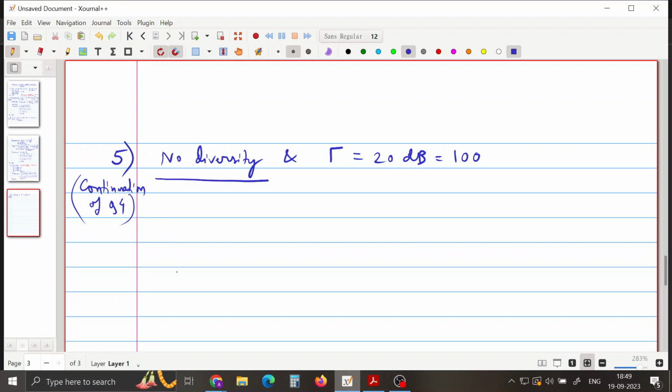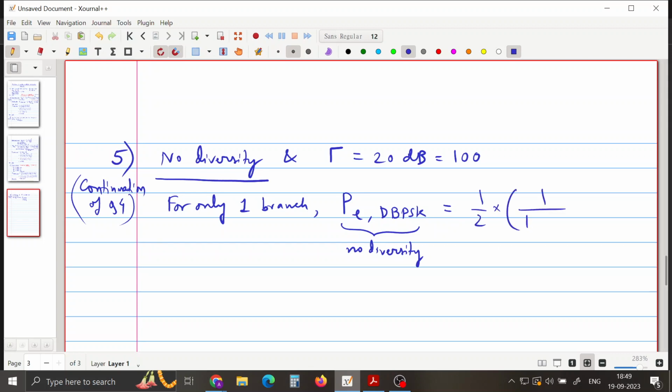Okay, now there is no diversity, so we have only one branch. For only one branch, probability of error in DBPSK, same modulation scheme, with no MRC, nothing, will be simply half times 1 by 1 plus gamma.